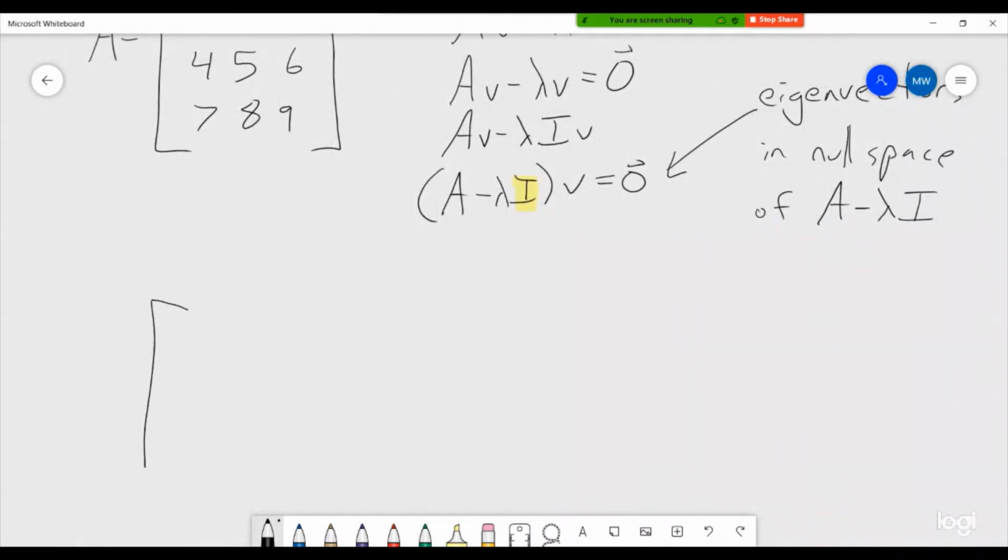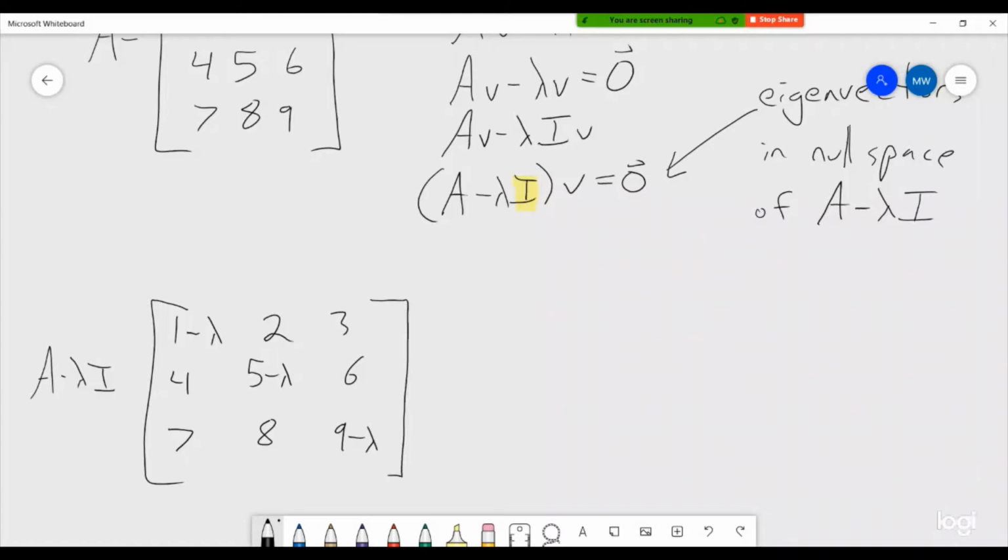We look at A minus lambda I. So we get 1 minus lambda, 2, 3, 4, 5 minus lambda, 6, 7, 8, and 9 minus lambda. And so what we're trying to do is figure out what values of lambda make this matrix have a non-trivial null space.